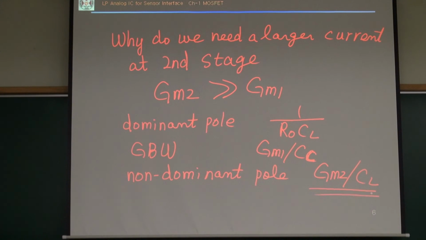We want to increase the non-dominant pole frequency to be much larger than the dominant pole frequency, so I need a larger GM2 than GM1. We'll talk about the frequency compensation later.